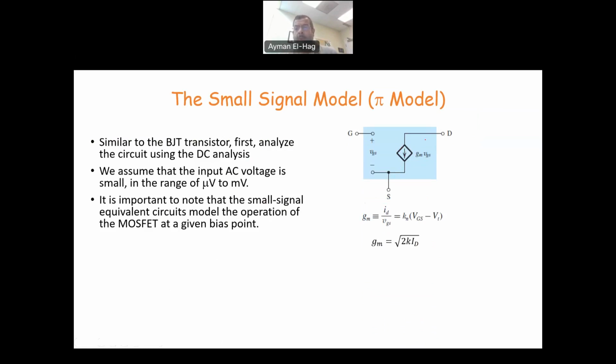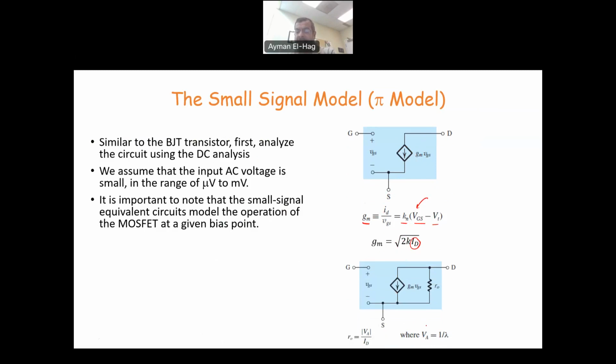The first one is when we ignore the output resistance, and we have gm, which is equal to K times (VGS minus VT), and this VGS we bring from the DC analysis. It's also equal to root of 2K ID, and ID we can also bring from the DC analysis.